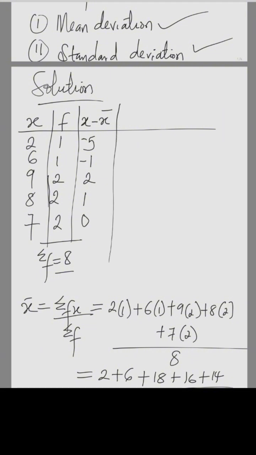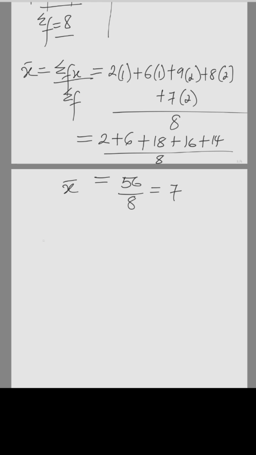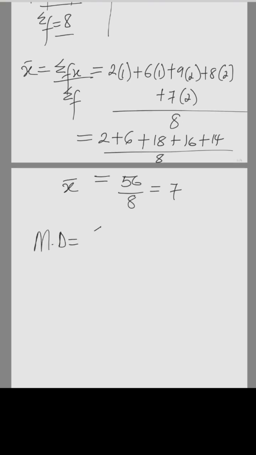So for the next table now, we are going to find f of absolute value of x minus x bar. The formula for mean deviation is equal to summation of f of absolute value of x minus x bar, all over summation of f. So we're going to get these values from the table.